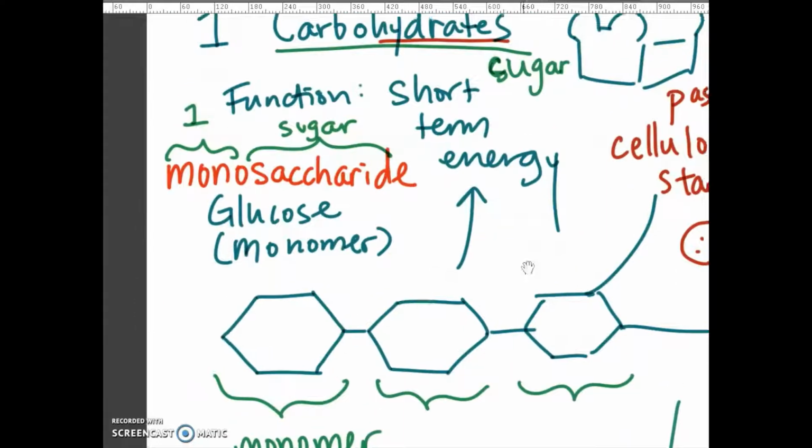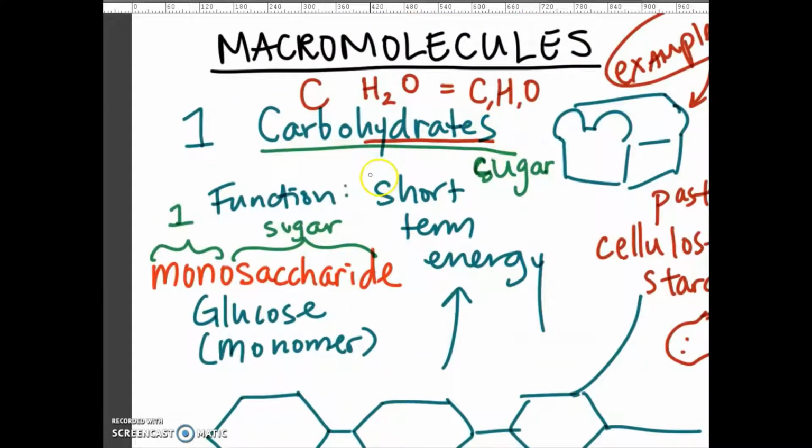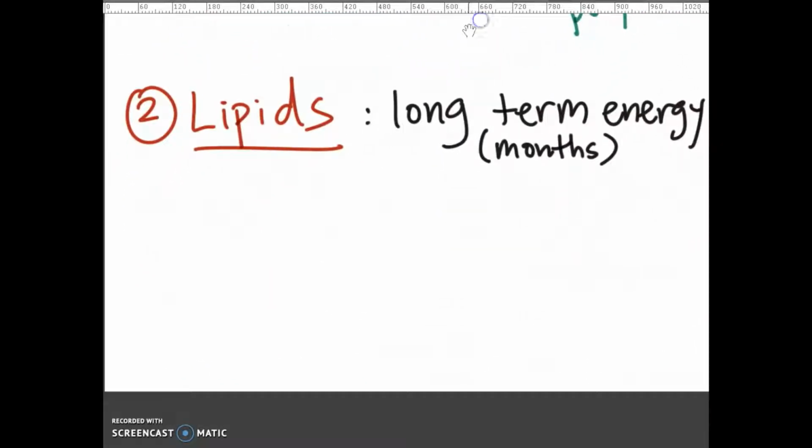With carbohydrates, we're talking about only hours to a couple of days of short-term energy. But lipids give you long-term energy for a couple of weeks, even months in the long run.